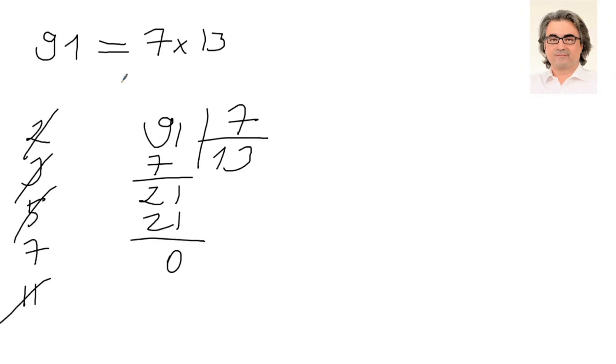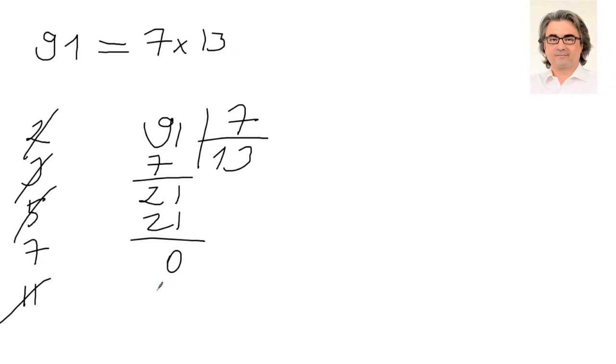It means 91 is not prime. It means 91 is a composite number. 91 is divisible by 1 and 91 itself, but other than these divisors, 7 and 13 are also divisors of 91. So 91 is not a prime number.